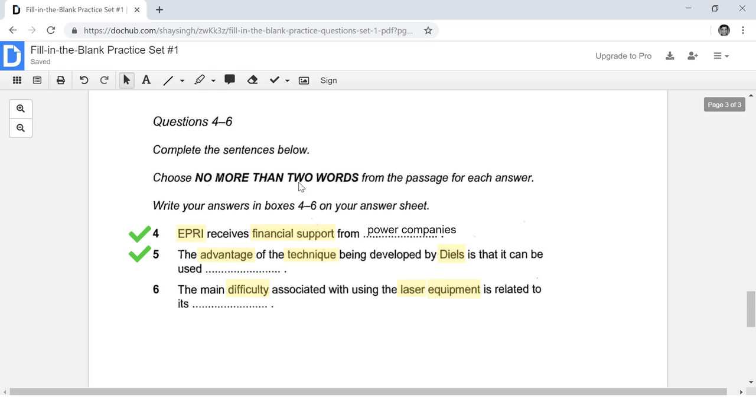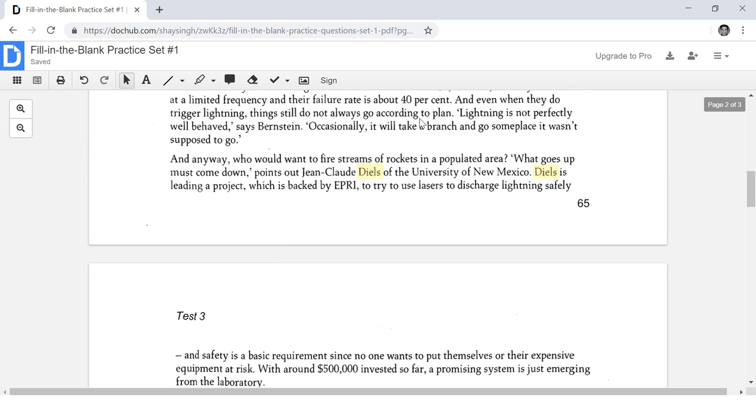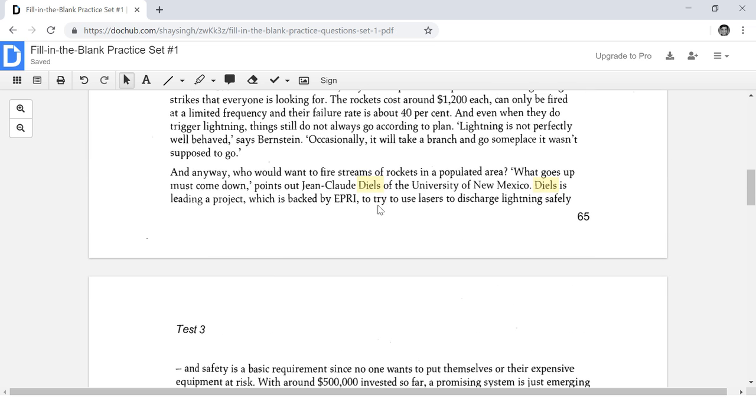However, take note that here it says that our answer cannot be any more than 2 words. So we have to find an answer that is no more than 2 words. So clearly we cannot say used to discharge lightning safely. That's just too many words. So actually the correct answer is simply going to be safely.